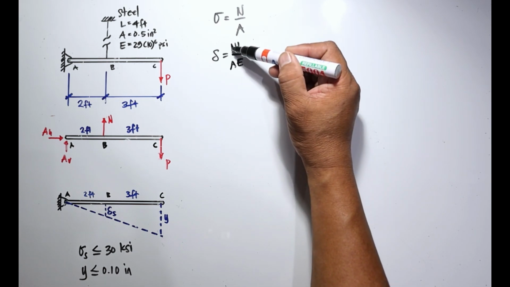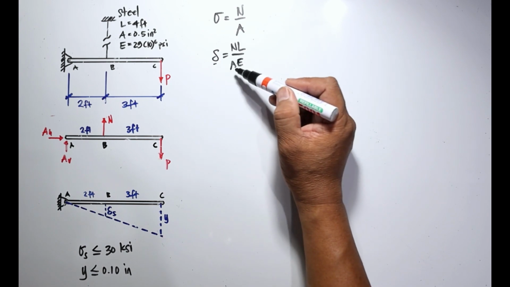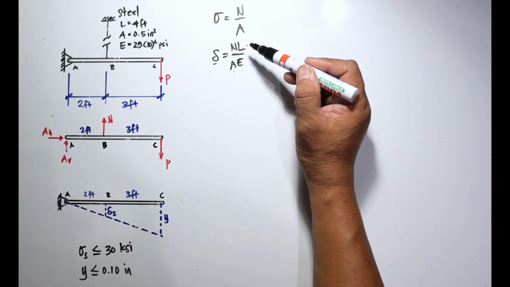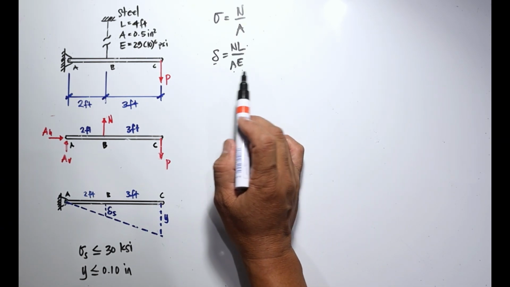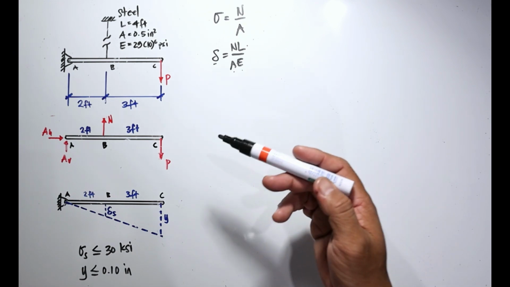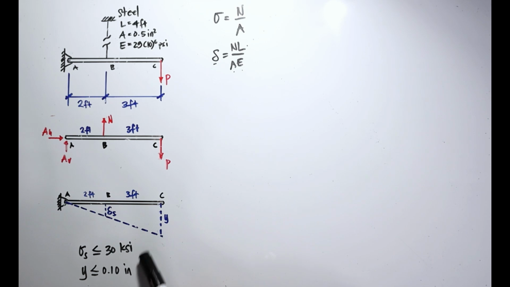And again, N is already in terms of P. This is now solved, given, and this one is given. So we get another value for P using this formula. So we have two values for P, and from there, we are going to determine which is the maximum load that can be applied to this rigid bar at point C without exceeding these two conditions.